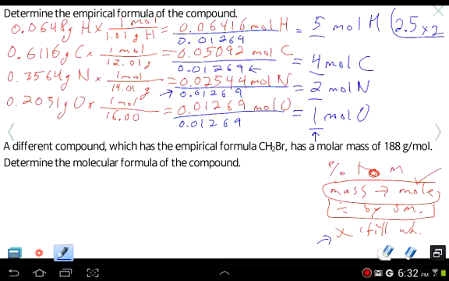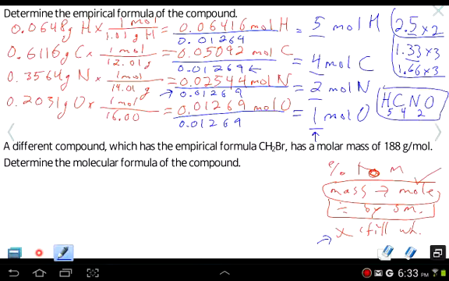If carbon was 1.33, you have to multiply everything by 3. If something was 1.66, you have to multiply everything by 3. In other words, you have to multiply everything to get it to a whole number, depending on the fraction that you end up with. So in this case, our formula has 5 hydrogens, 4 carbons, 2 nitrogens, and 1 oxygen: H5C4N2O.